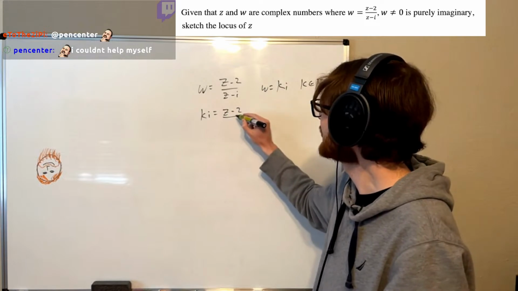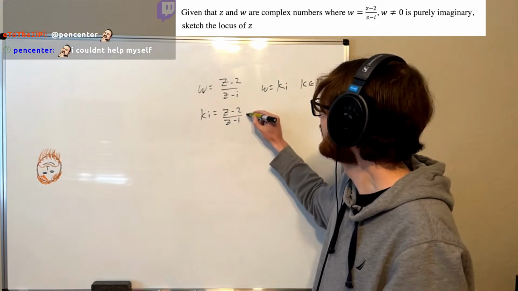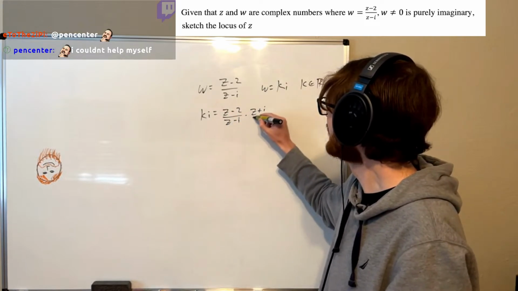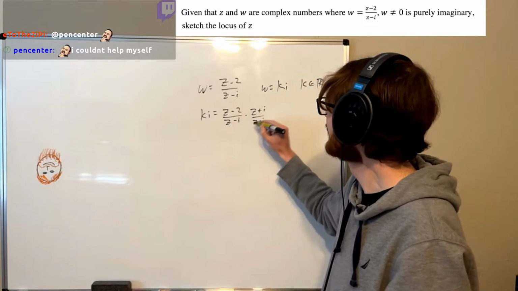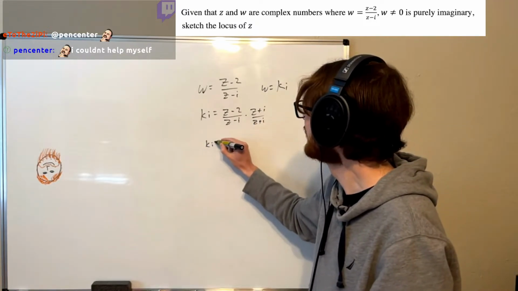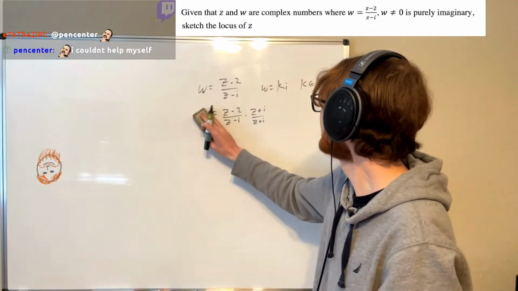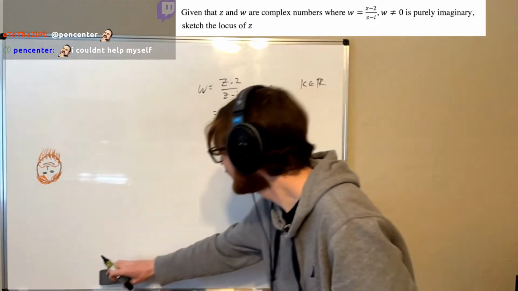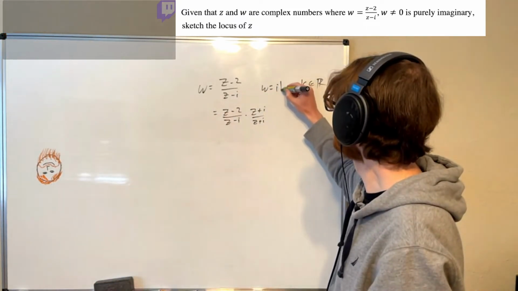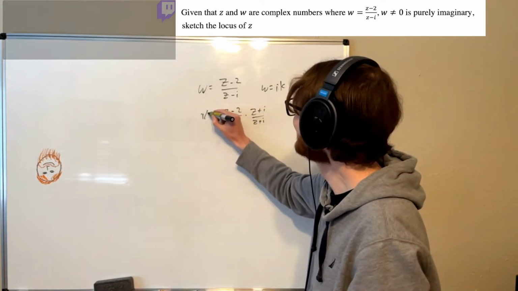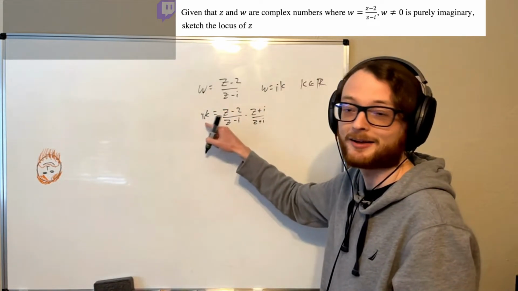So if we do rationalize the denominator, what happens there? Shouldn't it be ik? I know it should be ik.